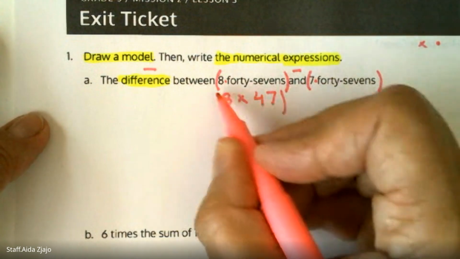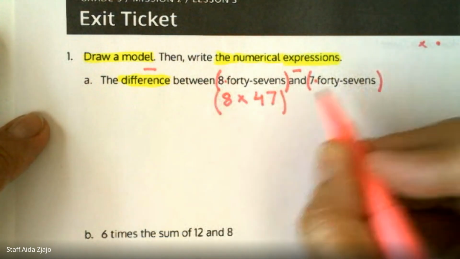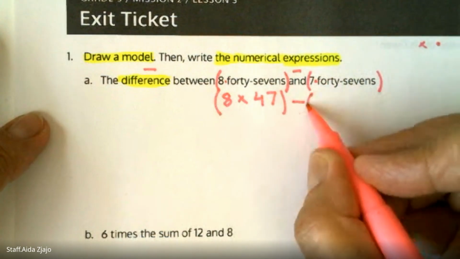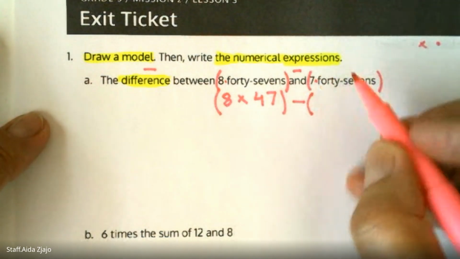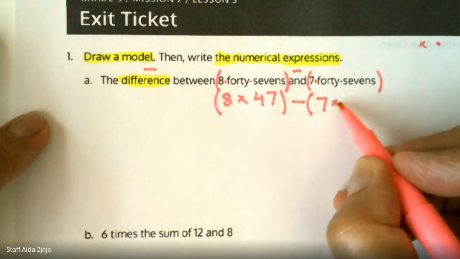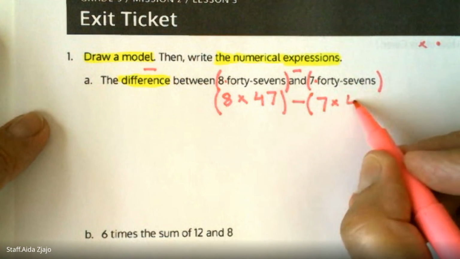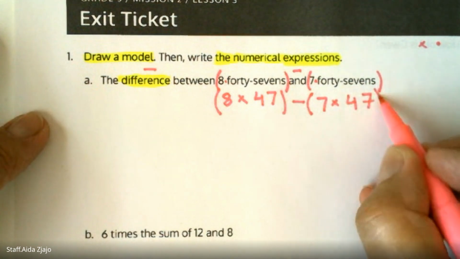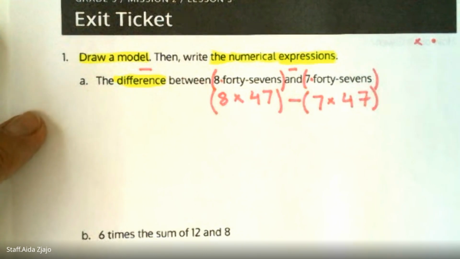I can use my parentheses around, I can put minus in between those numbers, and 7 times 47. And I got my expression.